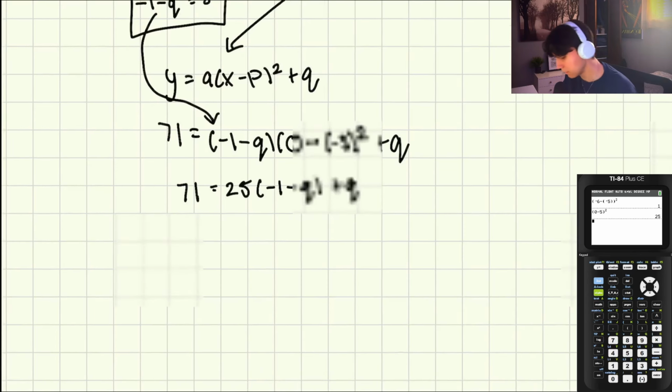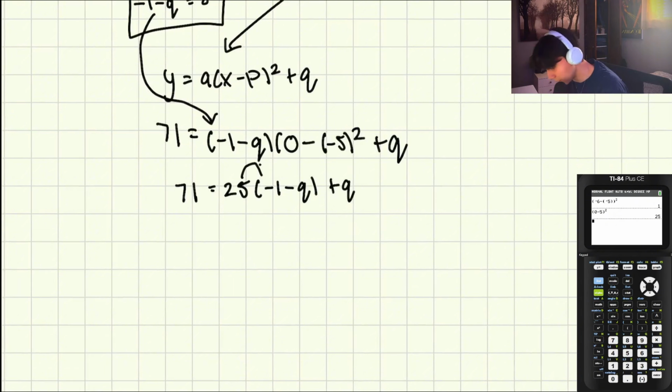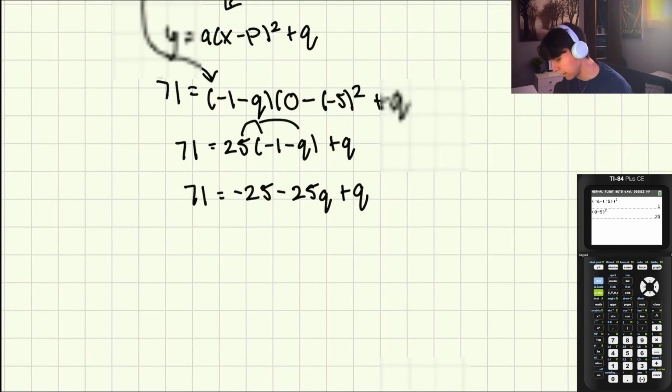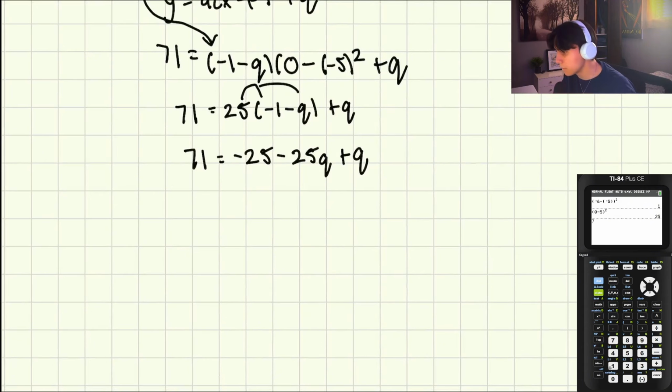From here, we can distribute this and get 71 is equal to -25, or 25 times -q gives you -25q, plus q. From here, we're going to add 25 to both sides, and you get 71 plus 25 equal to 96. And this cancels out, equals -24q when we combine like terms.